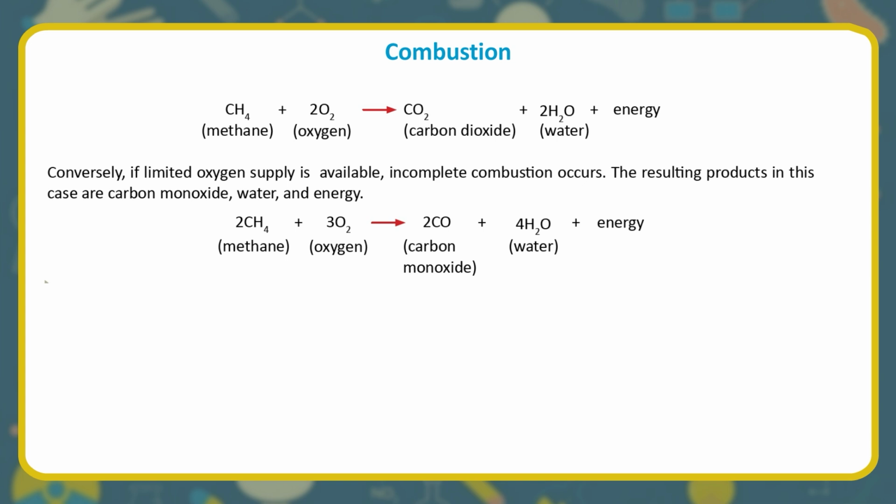Conversely, if limited oxygen supply is available, incomplete combustion occurs. The resulting products in this case are carbon monoxide, water, and energy. 2CH4 methane plus 3O2 oxygen, 2CO carbon monoxide plus 4H2O water plus energy.